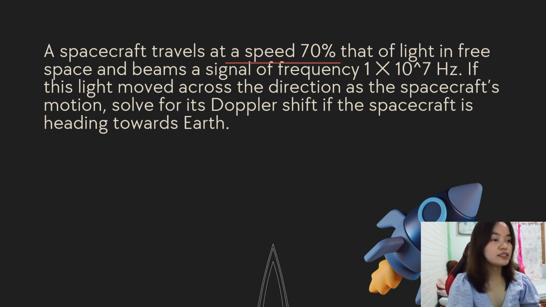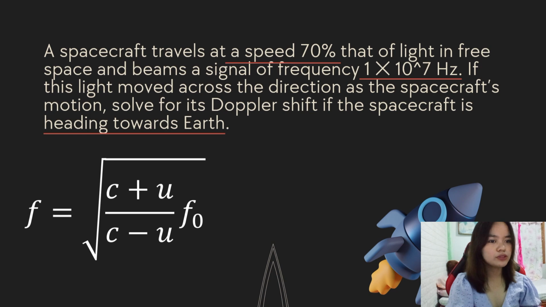The given is a speed of 70% and a signal of frequency which is 1 times 10 raised to 7 Hz. We are solving for its Doppler shift if the spacecraft is heading towards Earth. So the formula we will use is f equals square root of (c plus u) over (c minus u) multiplied by f sub 0, or the formula for Doppler shift.